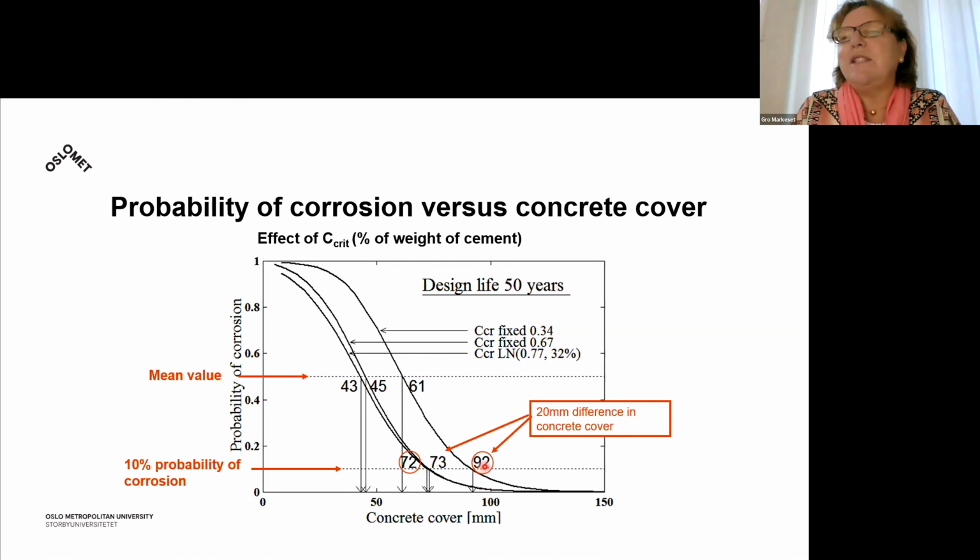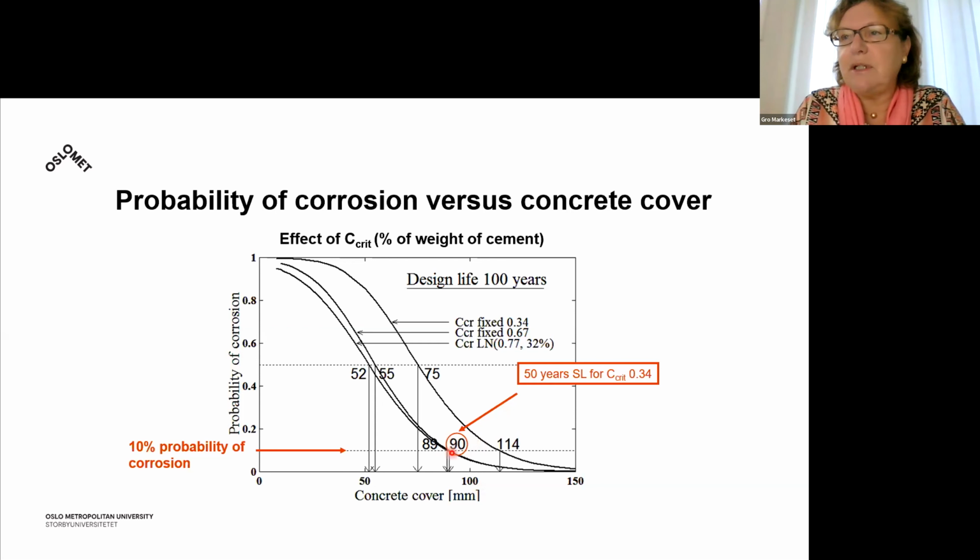So a new calculation where the service life is anticipated to be 100 years. We see that the concrete cover needs to be increased. So for those two situations, we need 90 millimeter. As you remember, it was 73 for 50 years. Now you need 90 millimeter to reach 100 years.